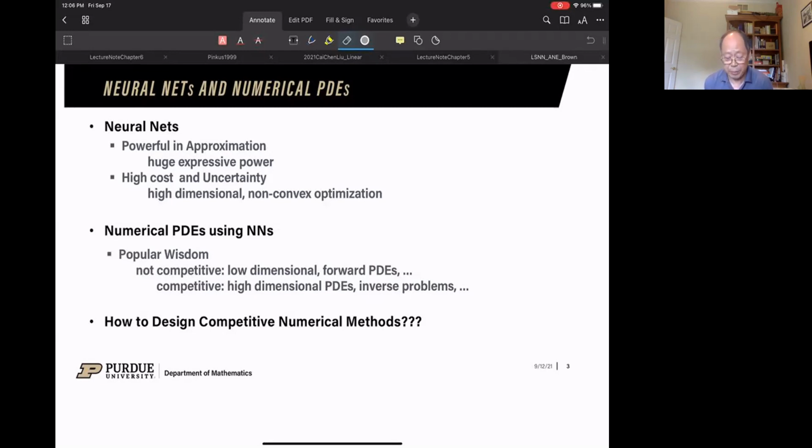The current state, I believe, is that we still don't understand much about neural nets, which are extremely powerful. Most people talk about expressive power, but how to use it is very difficult. Second, instead of creating a linear space like piecewise polynomials or other well-known approximation function classes, this one is a set, not a linear space.